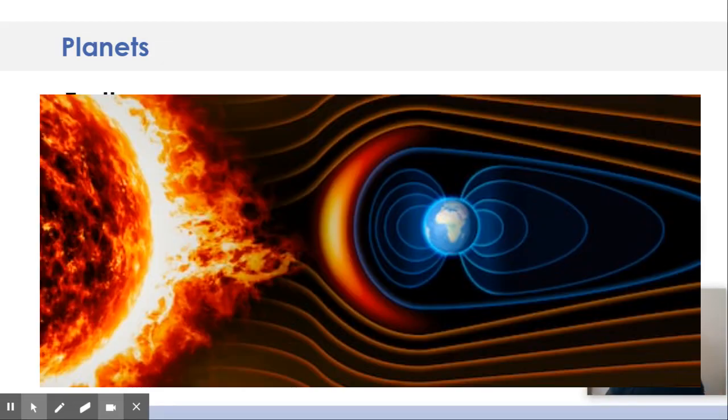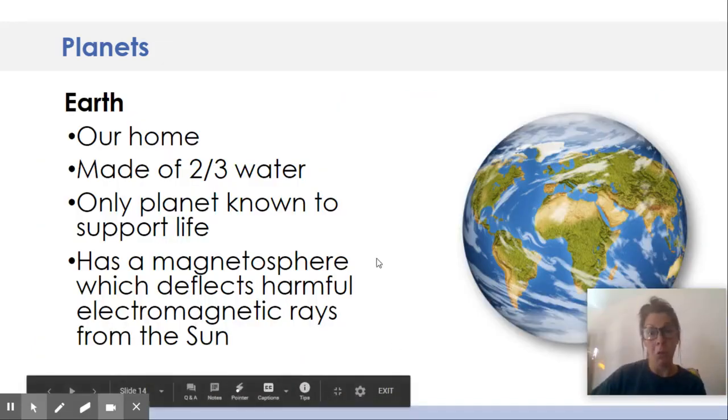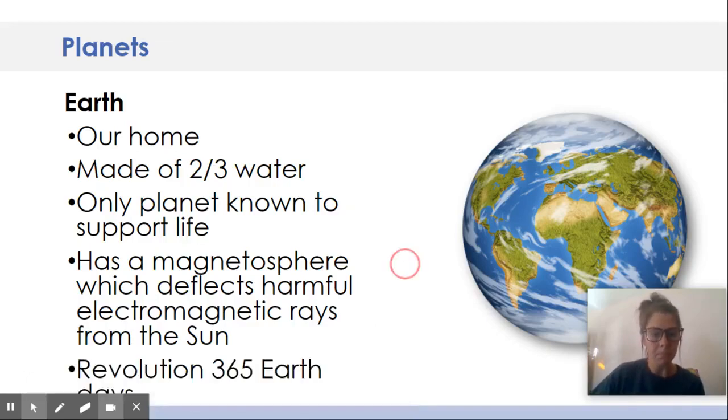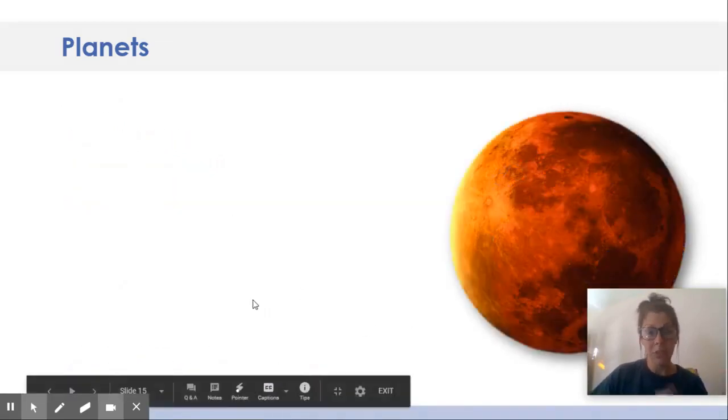When you've learned in the past about the sun, and just recently in our digital notebook, the sun exerts some pretty harmful rays. And this magnetosphere that we have around our planet deflects a lot of that and prevents us from having harmful radiation all over the surface of the planet and on our bodies. The revolution for Earth was 365 days. You guys know that to be a year.